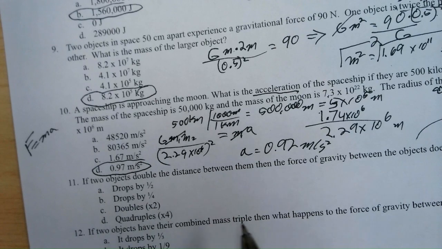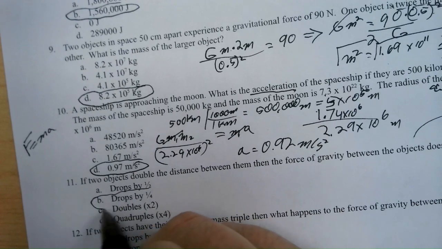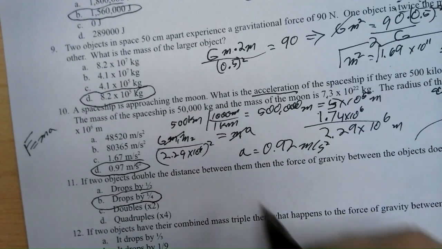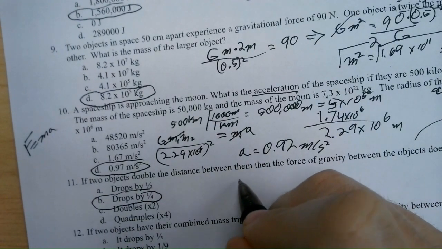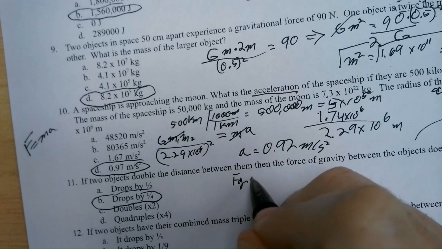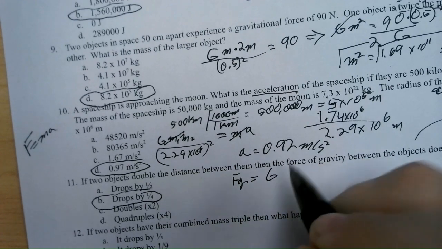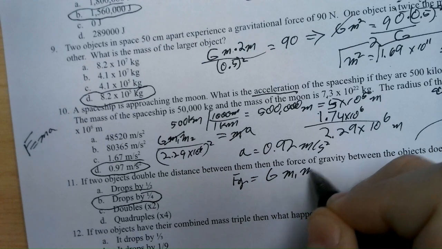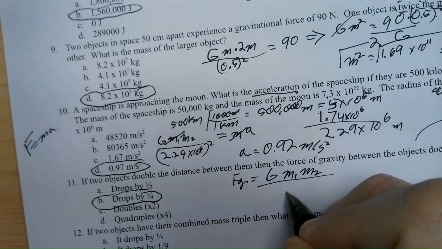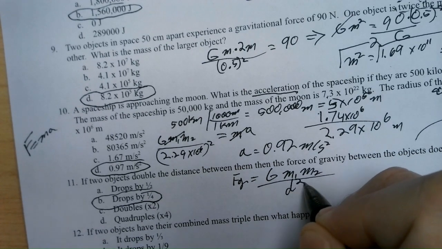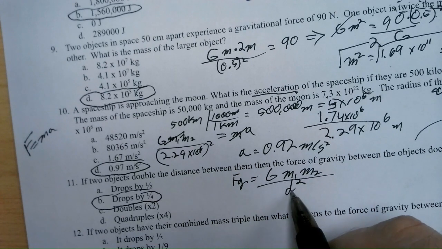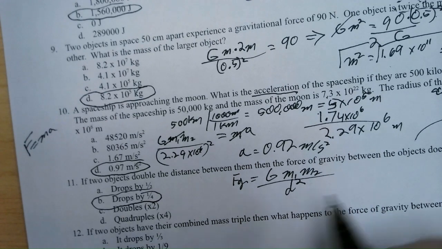Okay, two objects double the distance between them, and the force of gravity between the objects does what? It is going to drop by 1/4. If you're confused about how we got that answer, we just have to look at our equation. The force of gravity is going to equal the gravitational constant times the mass of 1, mass of 2, over the distance squared. Now, what happens if we double this distance?